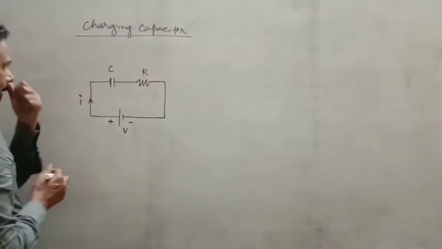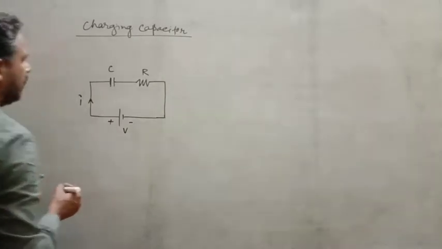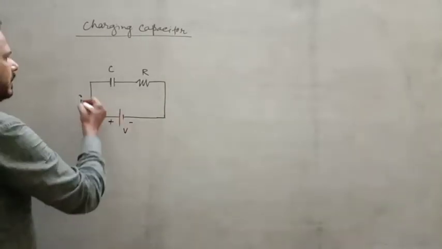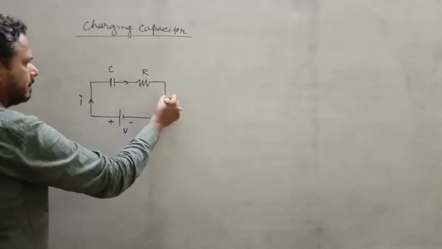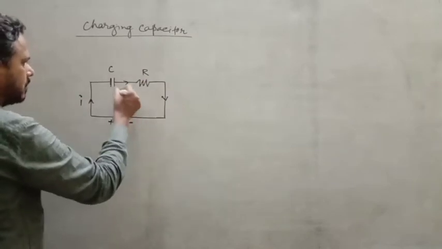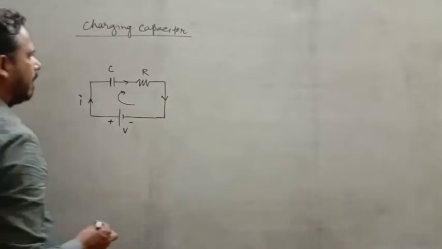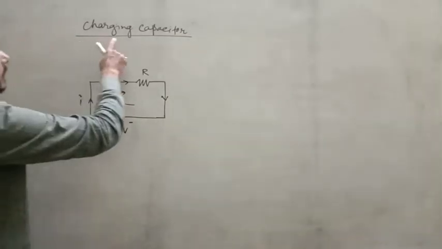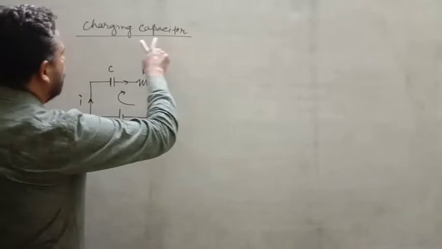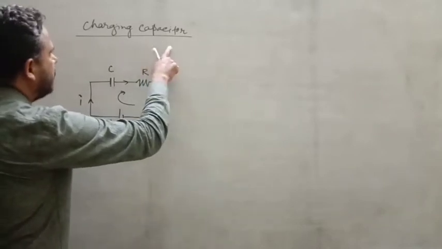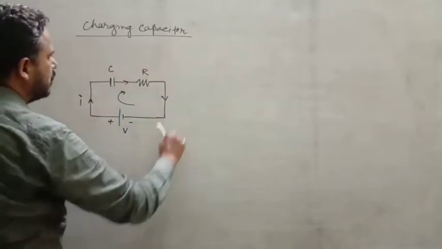So what is happening from here, you can see that current is flowing in this direction, in the clockwise direction. That's why charging of a capacitor circuit is also called a CR circuit.